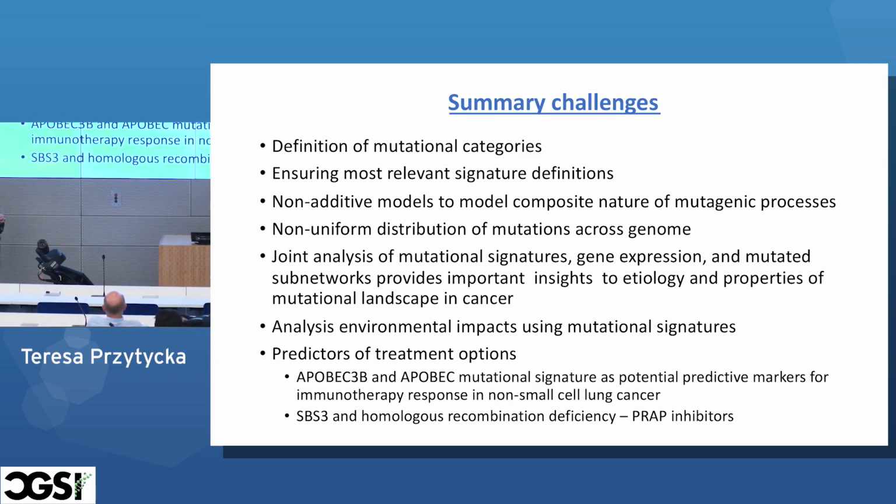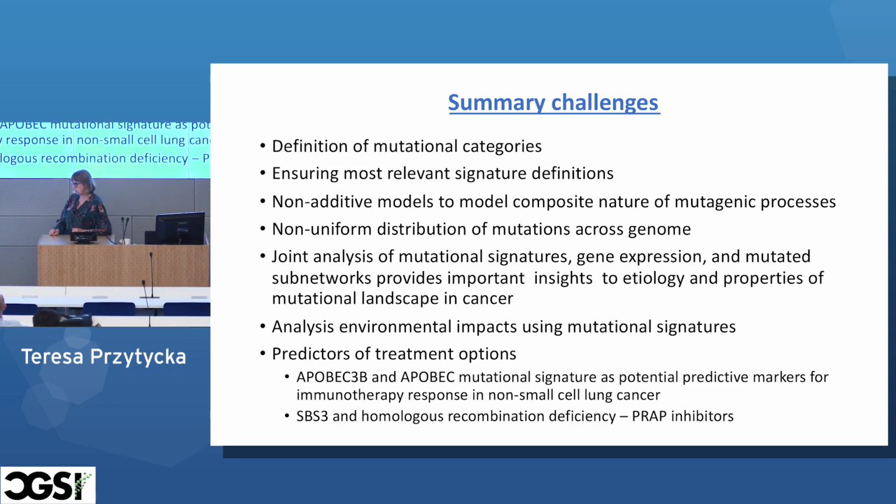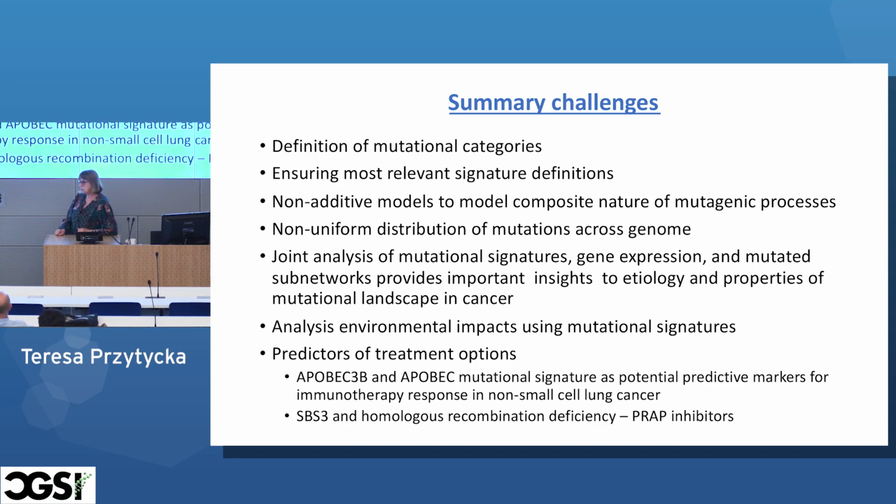Those are all, I think, computational challenges that are still very widely open to computational and algorithmic exploration. There is also, importantly, that thanks to those mutational signatures, we already learned a lot about mutagenic processes in cancer and in the genome.